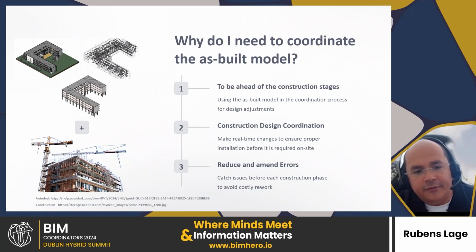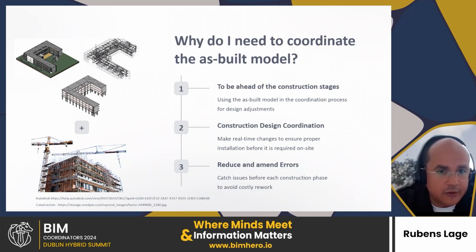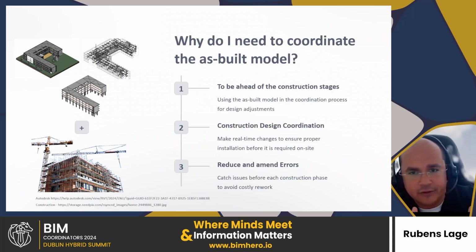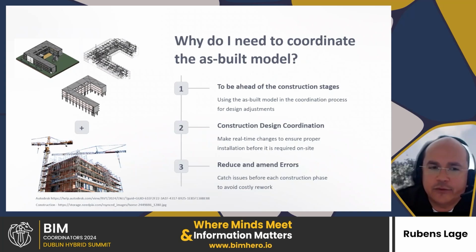If a column is off position, as we showed before, what are you going to do with your fire ducts? Are you going to cut the column, or are you going to have to move the pipes? You have to move the pipes. But you need to know ahead. So you need to be ahead of construction for that.